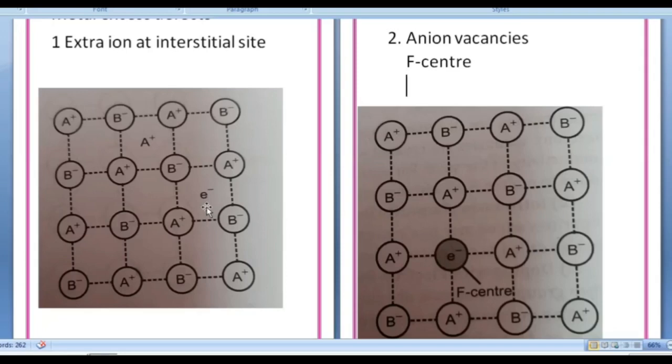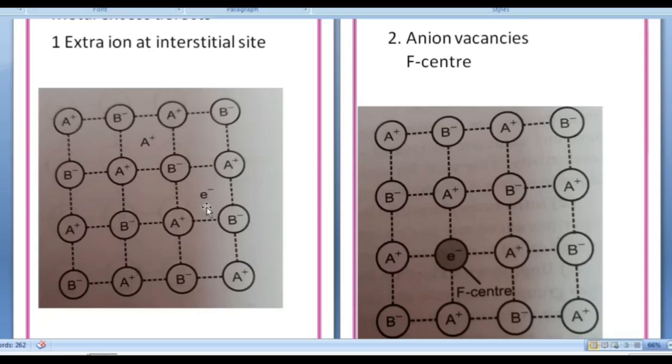So an anion or negative ion is missing from a lattice site, and its vacancy has been occupied by an electron to maintain electrical neutrality. Electrons trapped in anion vacancies are called F centers. They impart color to the compound and maintain or increase the electrical conductivity. This is seen in crystals having Schottky defect.